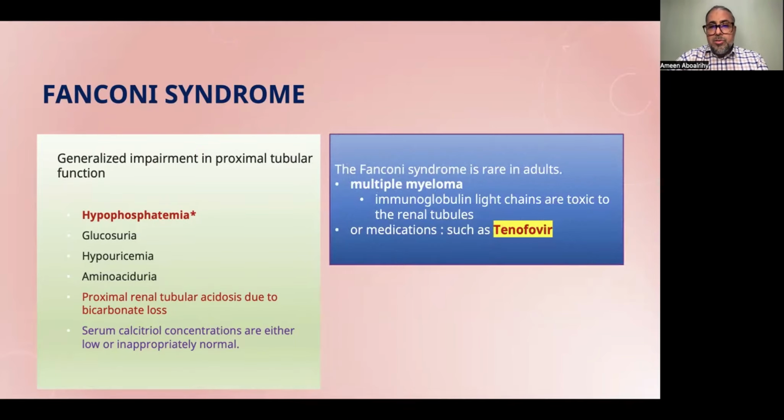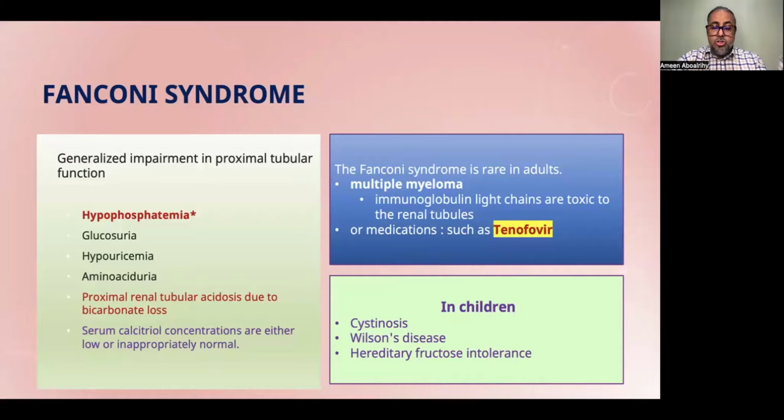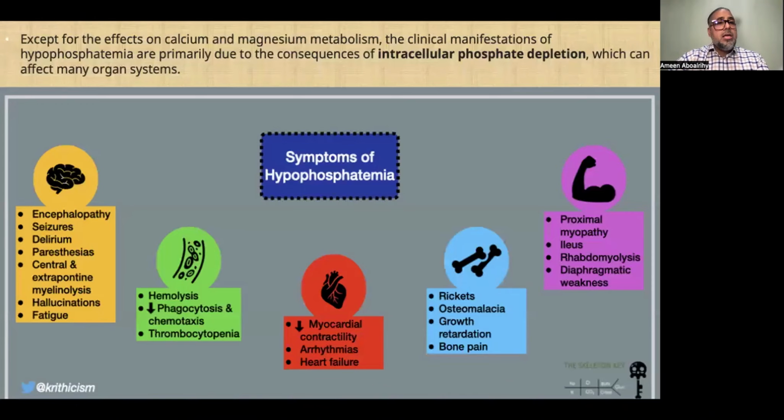Multiple myeloma might be a reason for Fanconi syndrome. So if you have glucosuria for a patient who is not diabetic, who is not using, of course, SGLT2 inhibitors, that might be a very bad sign. Medications like antiretrovirals, like tenofovir, and in children, some of these could cause Fanconi syndrome as well.